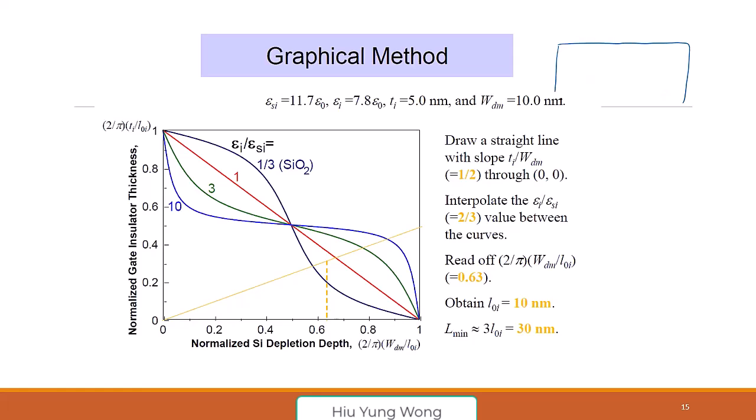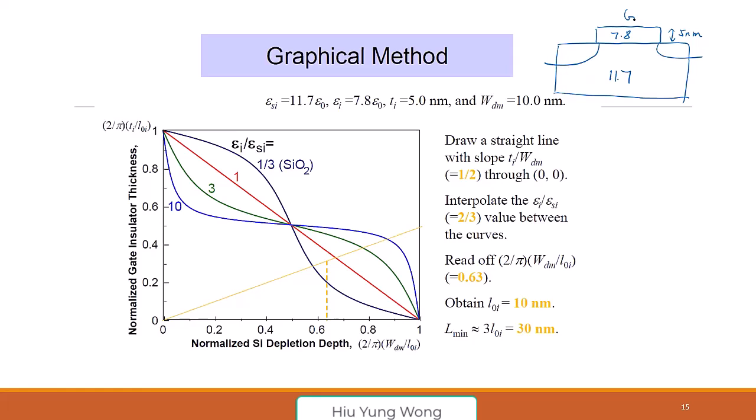Let's try to understand what it says. Epsilon silicon equal to 11.7. This is just the silicon, okay? And then I have a gate oxide. It is 7.8. So this is not silicon dioxide. It is actually silicon nitride, okay? And then I say that the oxide thickness is 5 nanometer, okay?